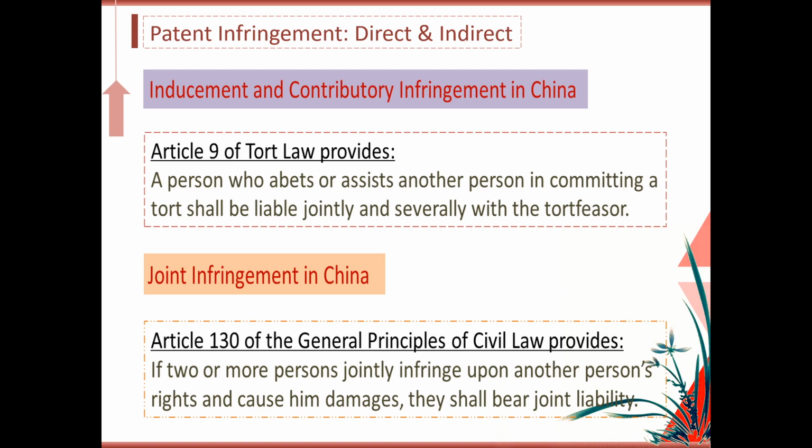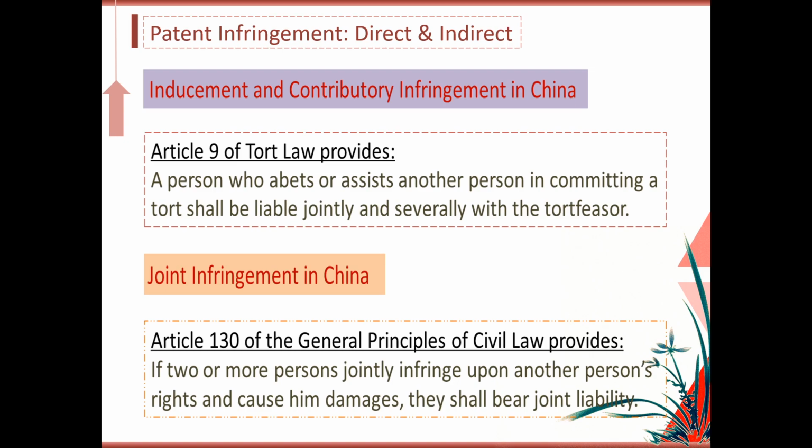whereas the third party providing the raw materials, the venue, or other factors or materials enabling the occurrence of direct infringements would also be held liable for enabling the doing of the direct infringements.